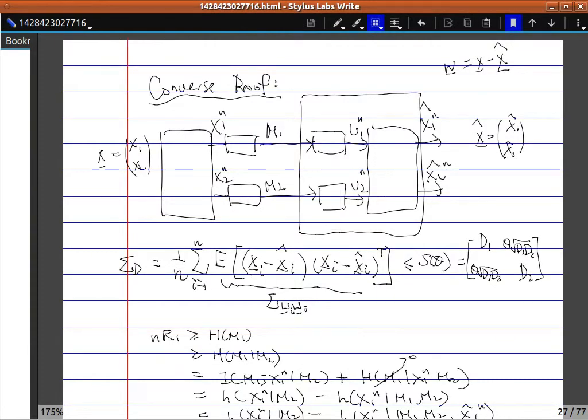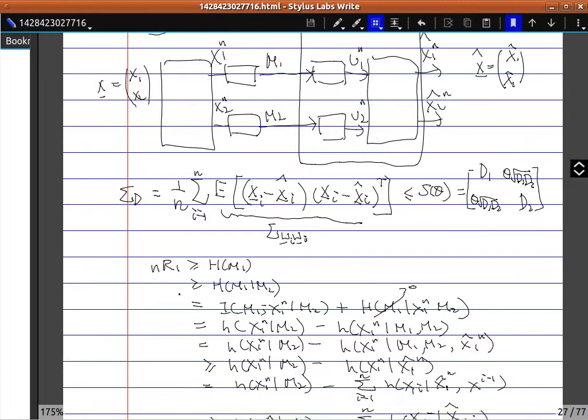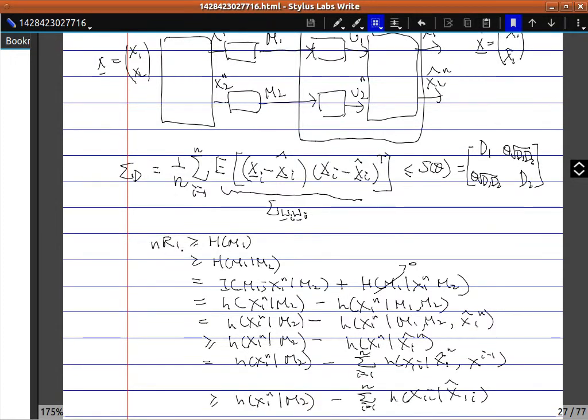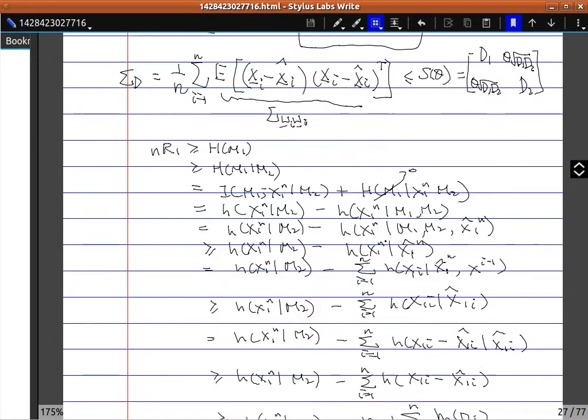So M1 is the message sent out from encoder 1, and so nR1 has to be greater than H(M1), and by conditioning reduces entropy is greater than or equal to H(M1 given M2). Then we can write it as a sum of mutual information and conditional entropy.